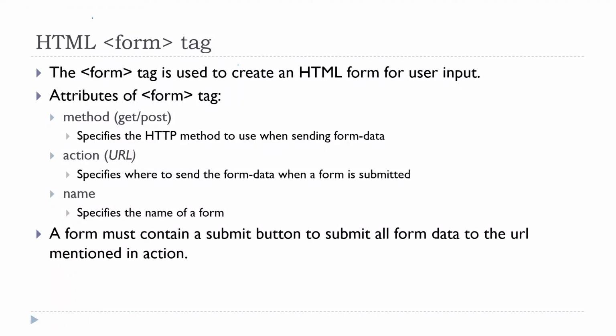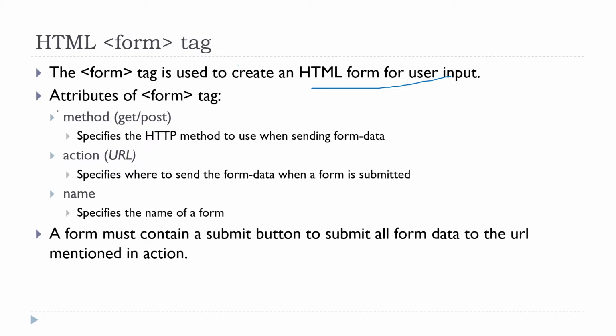The HTML form tag is used to create an HTML form which can be used for user input. We have already used an HTML form in the login.html file, where we were submitting the username and the password entered by the user.